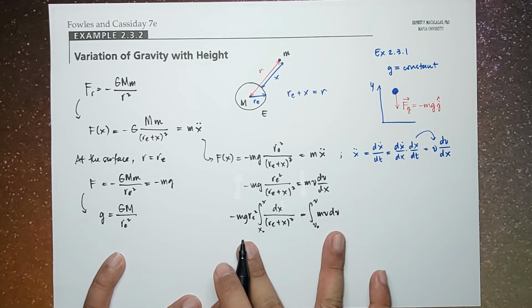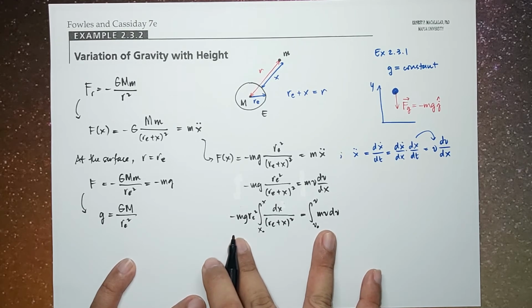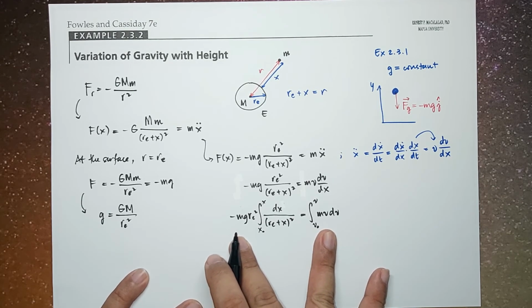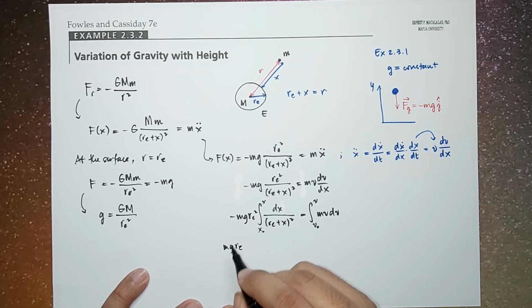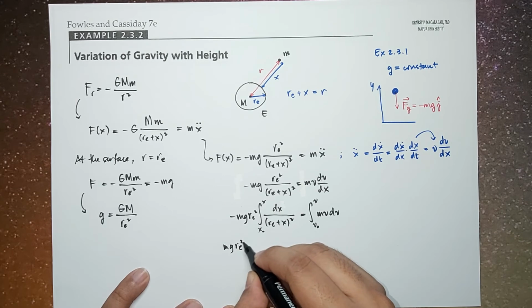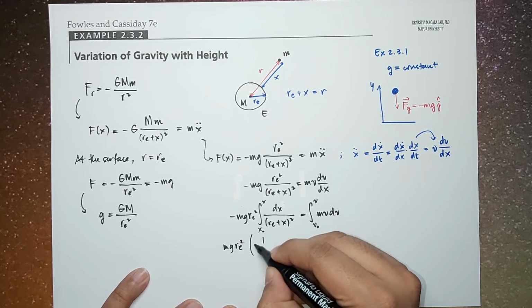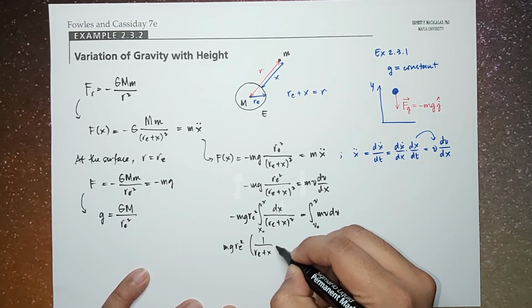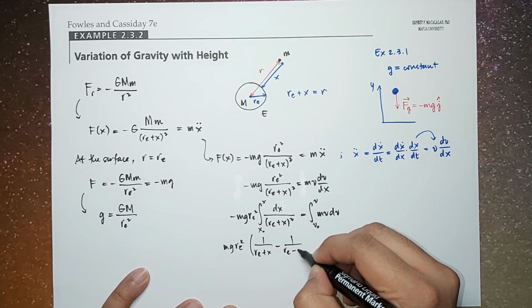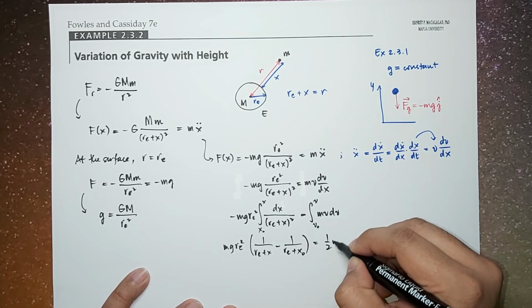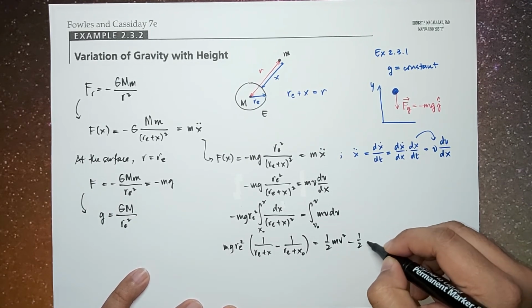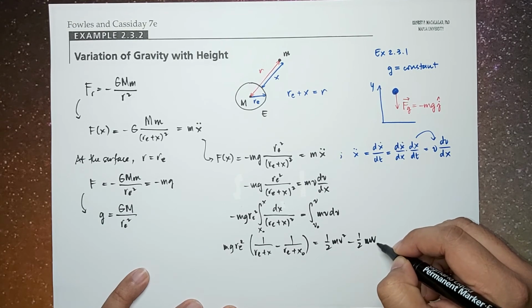Solving this would give us this final result: negative mg R_E squared times (1 over R_E plus x minus 1 over R_E plus x naught) is equal to 1/2 m v squared minus 1/2 m v naught squared.